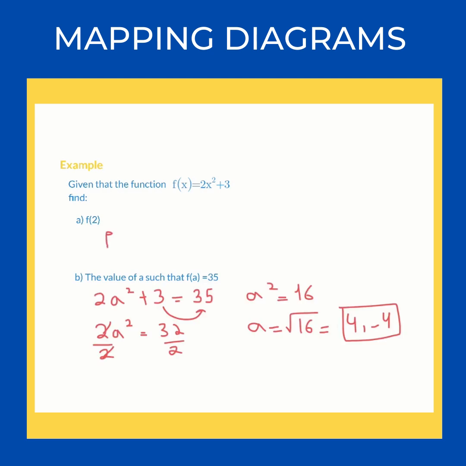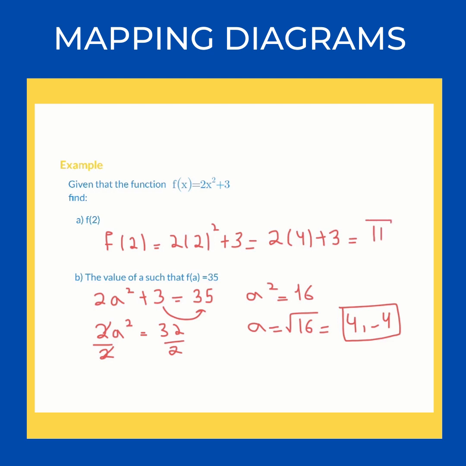So f of 2 equals 2 times 2 squared plus 3. 2 times 2 squared is the same as 2 times 4 plus 3, which is 8 plus 3, and the answer is 11.